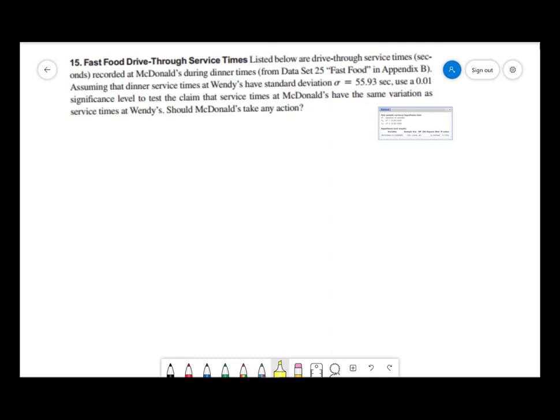So let's get started. I'm going to start with my hypotheses. Always step one is starting with your hypotheses. My null hypothesis is that the standard deviation for McDonald's is the same as the standard deviation of Wendy's, which is 55.93 seconds.